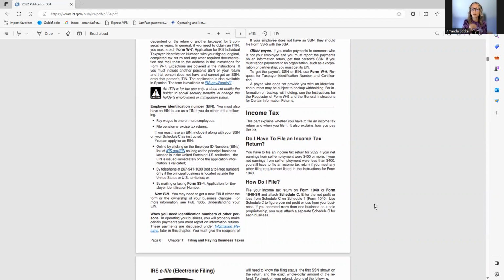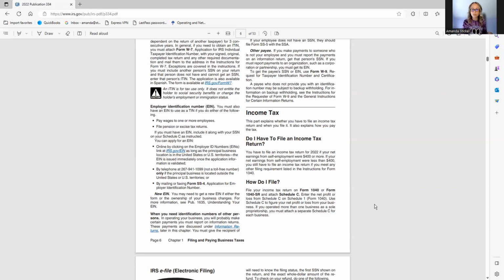So when they're referring to net earnings from self-employment income, you will have any revenue that you earned, any deposits, any cash or checks you received, and then you're going to reduce the total amount of income revenue that you received by any business expenses, which we'll talk about later on, and then whatever is left over, the difference between your revenue and any expenses and things that you purchase for your business, is your net earnings.